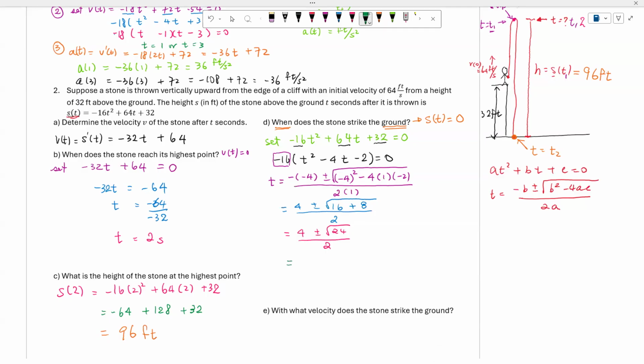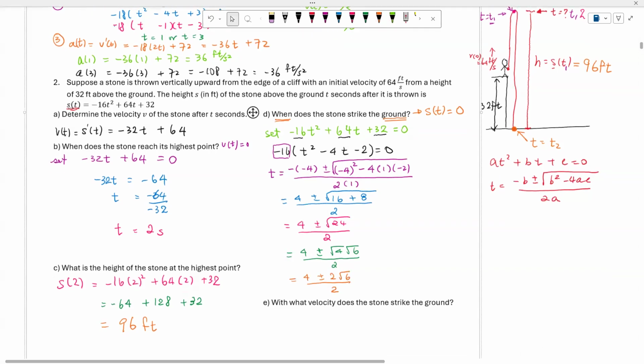Okay, so now let us try to simplify this. Square root of 24 is square root of 4 times square root of 6. And now we could factor the 2.